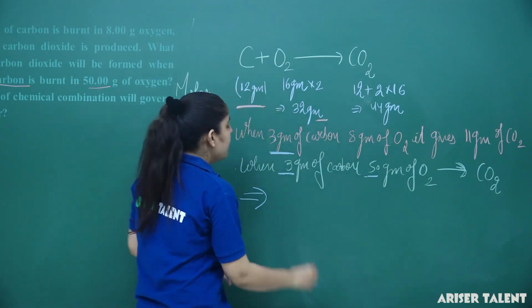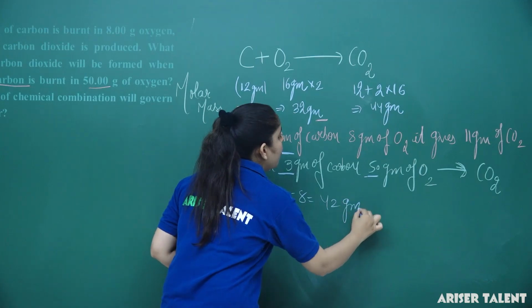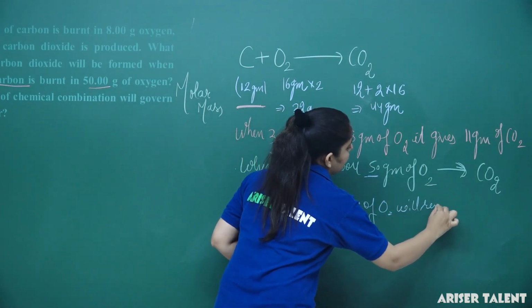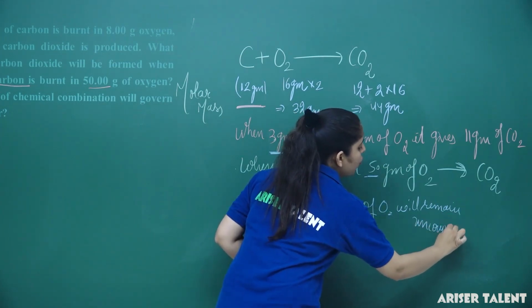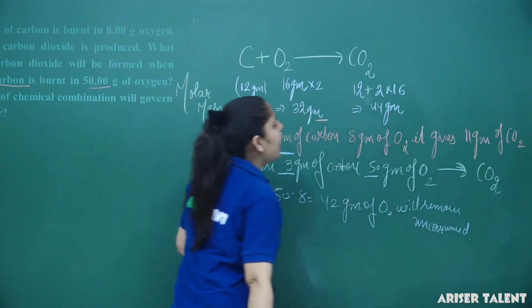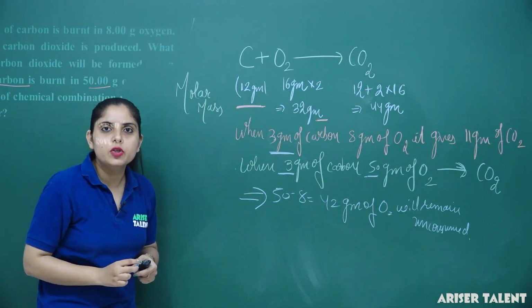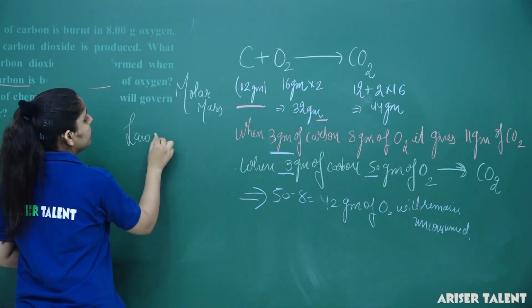So, you can see that 50 minus 8, that is 42 gram of O2 will remain unconsumed in this reaction. So, by analyzing this reaction, you can say that they are following the definite ratio. So, it must be the law of constant proportion.